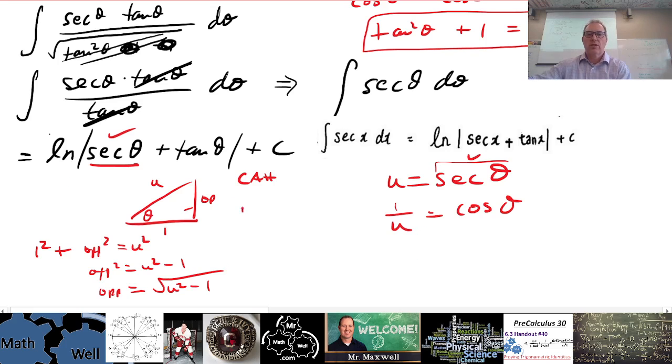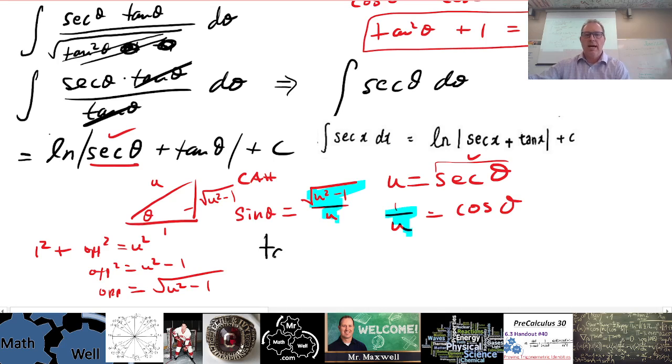So now the sine of theta is actually, this is u squared minus 1. So sine theta is opposite, root u squared minus 1, over hypotenuse, over u. So now that I've got sine and cos, I can divide those to get tan.